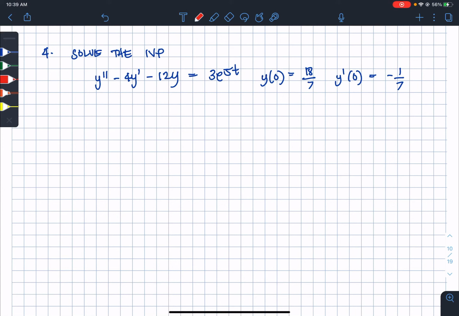So this is again a non-homogeneous. So we'll start with m squared minus 4m minus 12 is equal to 0. So m and m, so 12, 6 and 2.